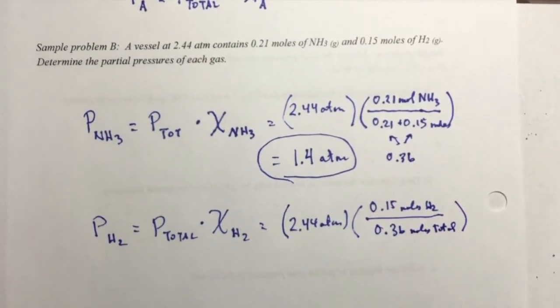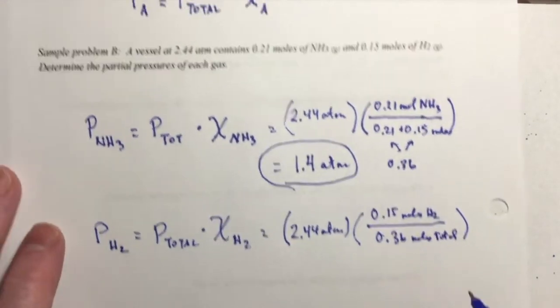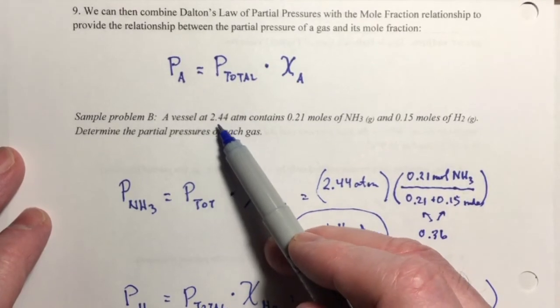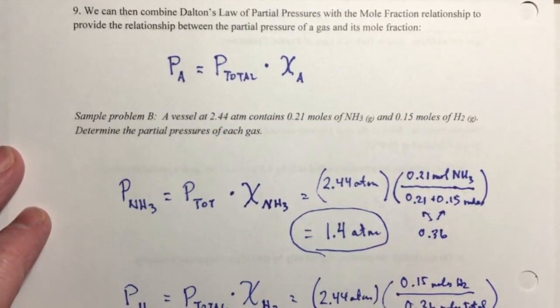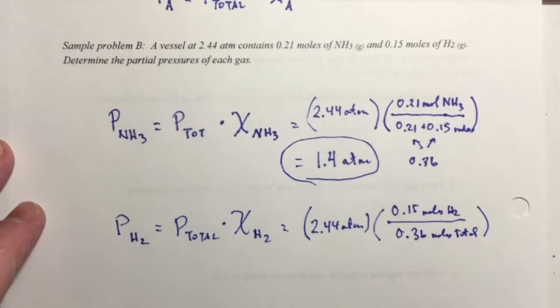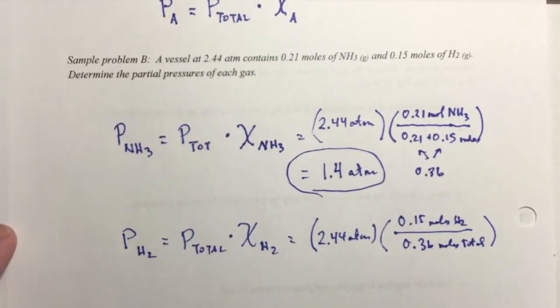And now I do that calculation. And I can see right away that my answer should be somewhere around 2.4 minus 1.4. The answer should be about 1.0, right?